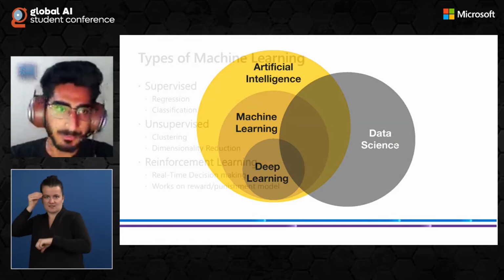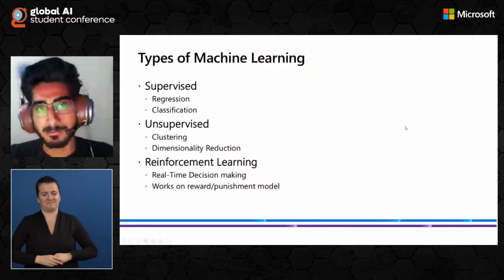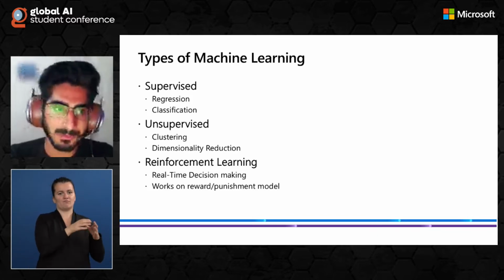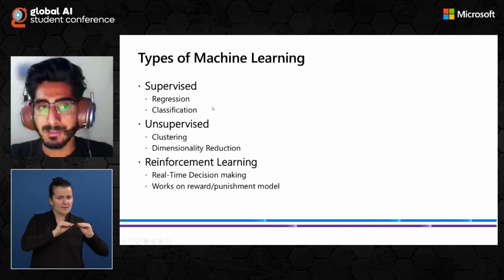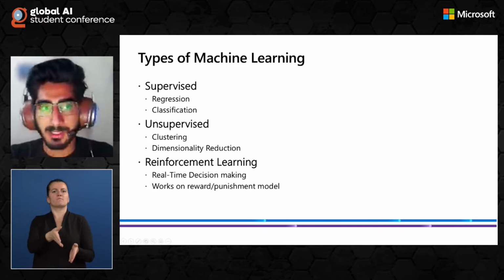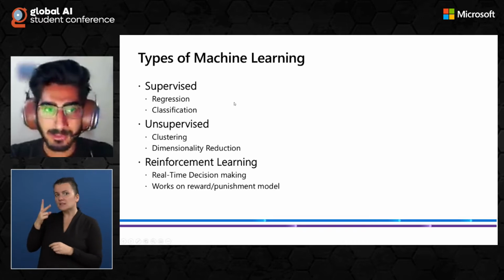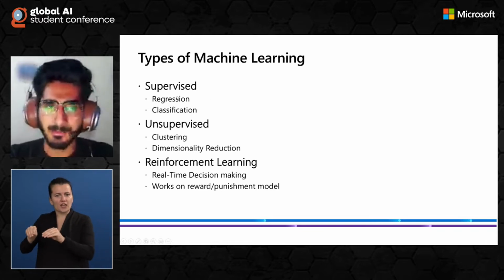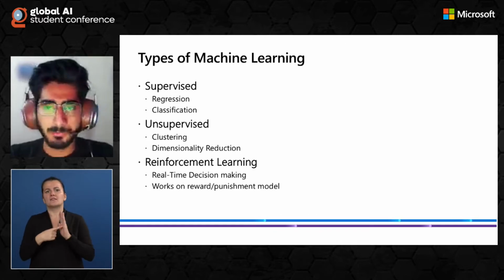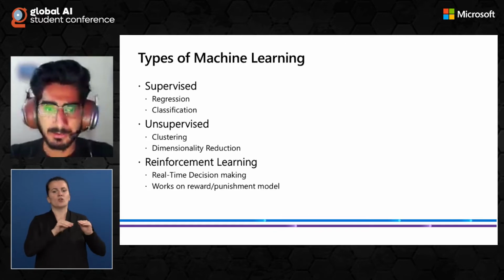Okay, so moving forward, we have three types of machine learning. We have supervised, unsupervised, and reinforcement learning. And then each of those types has two different types. We have regression and classification in supervised learning. You can think of regression as problems in which you're dealing with continuous variables.